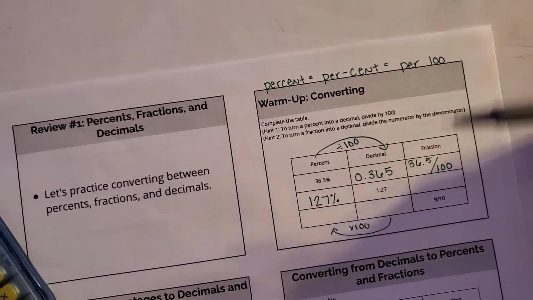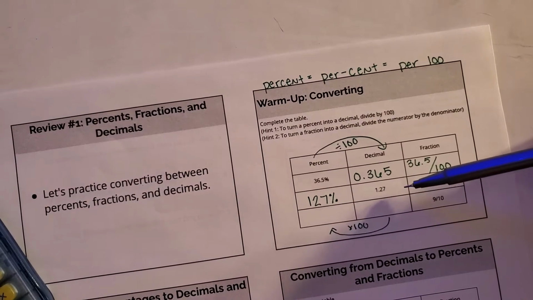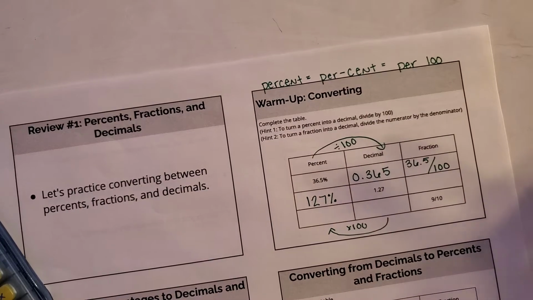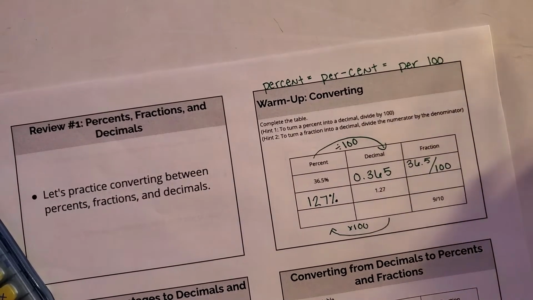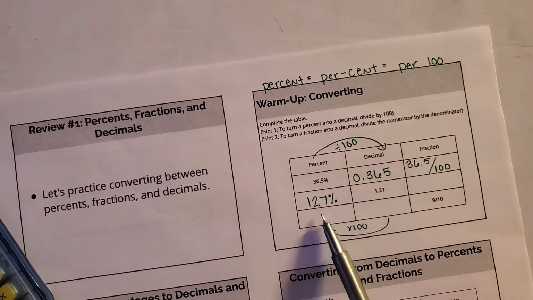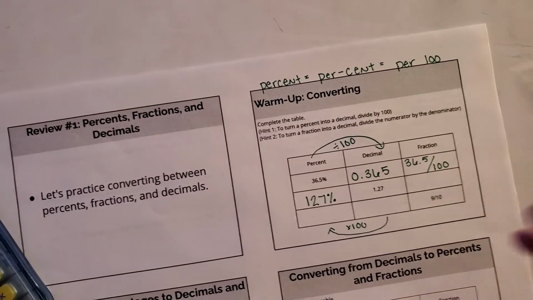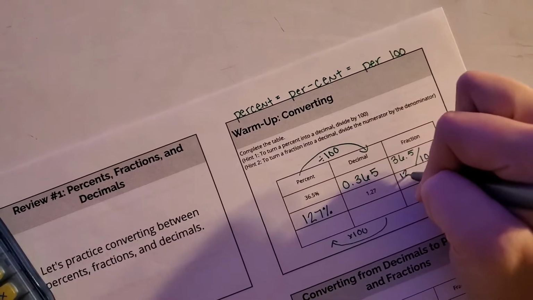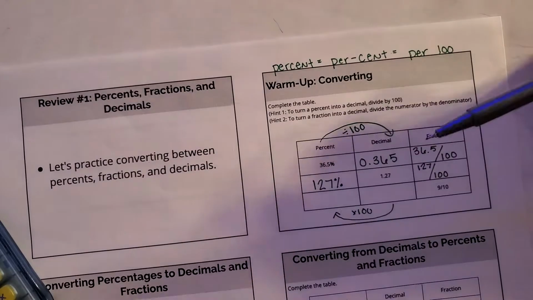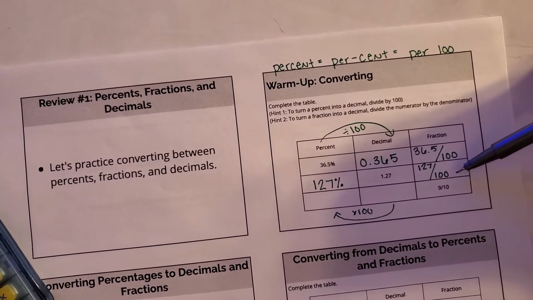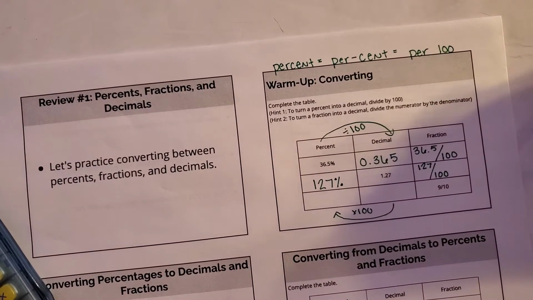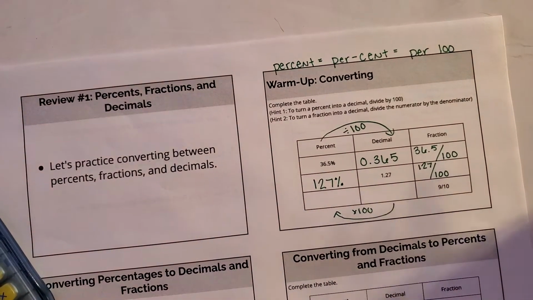So if your decimal is 1 or larger, then your percent is going to be 100% or larger, okay? So now let's go into a fraction. Well, we have a percent, we just got to put it out of 100. So another thing, if you notice, 127 is larger than 100, meaning we have more than 100%. Okay, you'll see that more in the lesson.